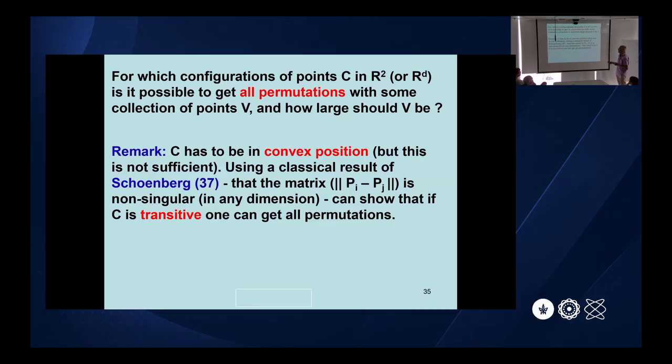And using some nice, not so well-known result of Schoenberg, let's say, take a matrix, an n by n matrix, where in place ij you write the Euclidean distance between point pi and point pj, where these are arbitrary points in Euclidean space. This matrix is always non-singular.